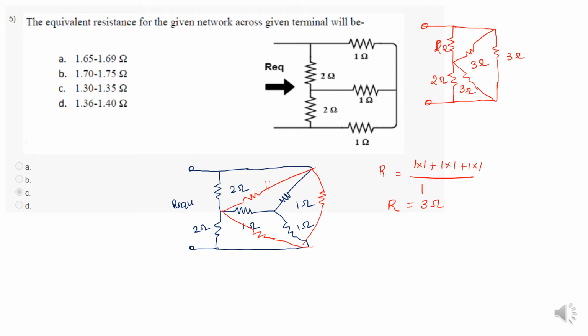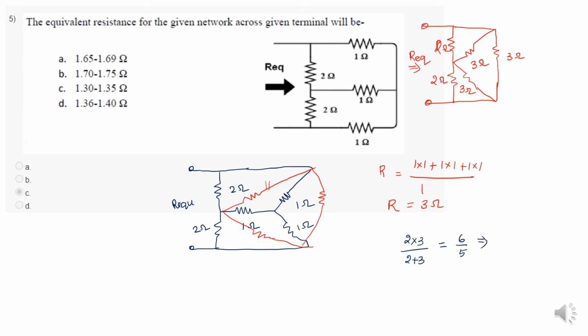Okay, so this is R equivalent. Now see here the 2 ohm and 3 ohm are connected in parallel. Okay, so now I am going to find out the net resistance. So 2 into 3 divided by 2 plus 3, that is a parallel combination, 6 divided by 5.